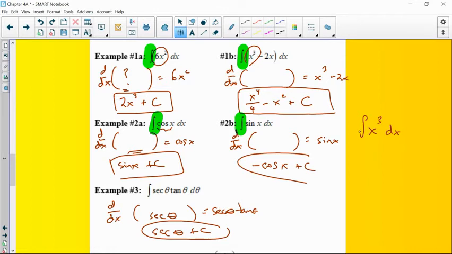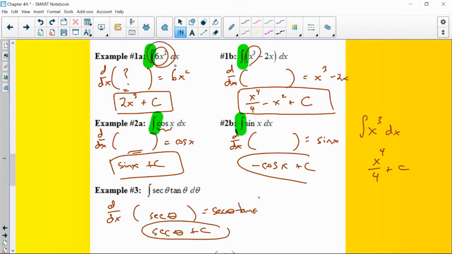So instead of bringing the 3 down as a multiplication and decreasing it by 1, you're going to increase it by 1 and then divide it, right? That's the exact opposite. And then you add the constant. So the power rule is that you bump it up a power and divide by that power.